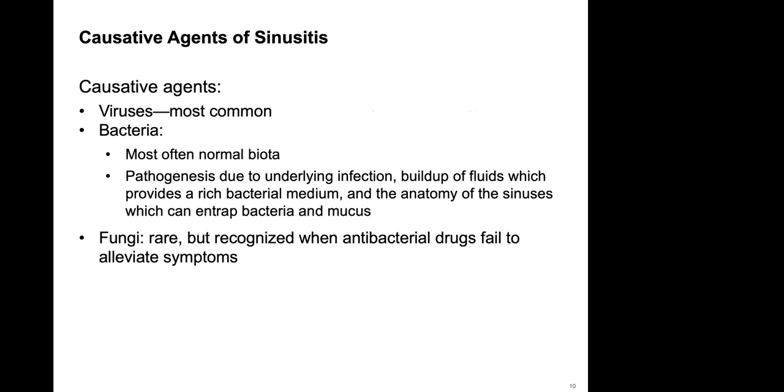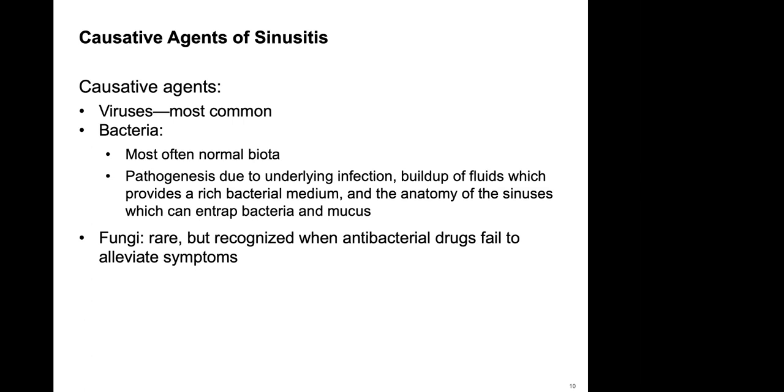Typical causative agents for sinusitis, the most common would be viruses. However, most often the normal biota can lead to sinusitis as well on the bacterial side. And the pathogenesis, the actual cause of the infection, is due to underlying infection, buildup of fluids which provide a rich bacterial medium, and the anatomy of the sinuses, which then can entrap the bacteria with the mucus.